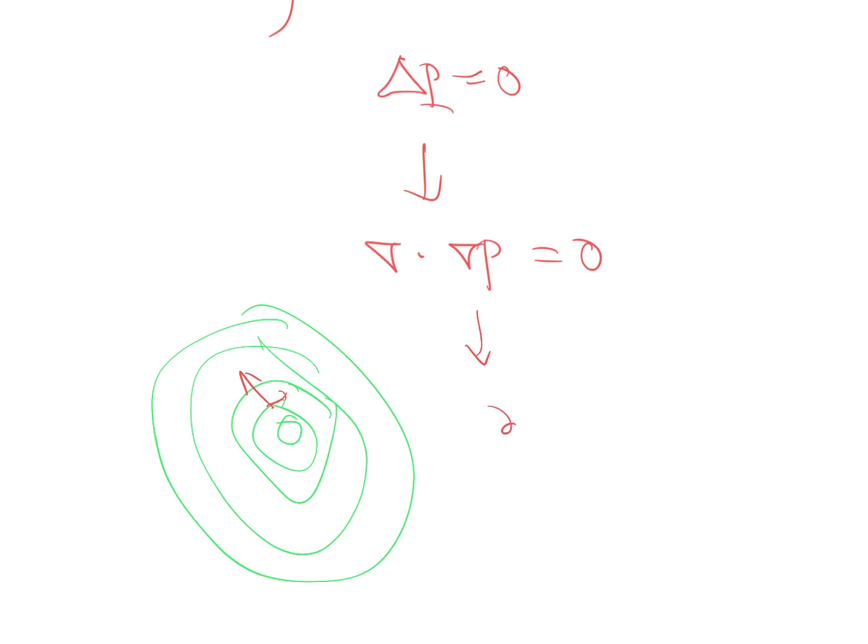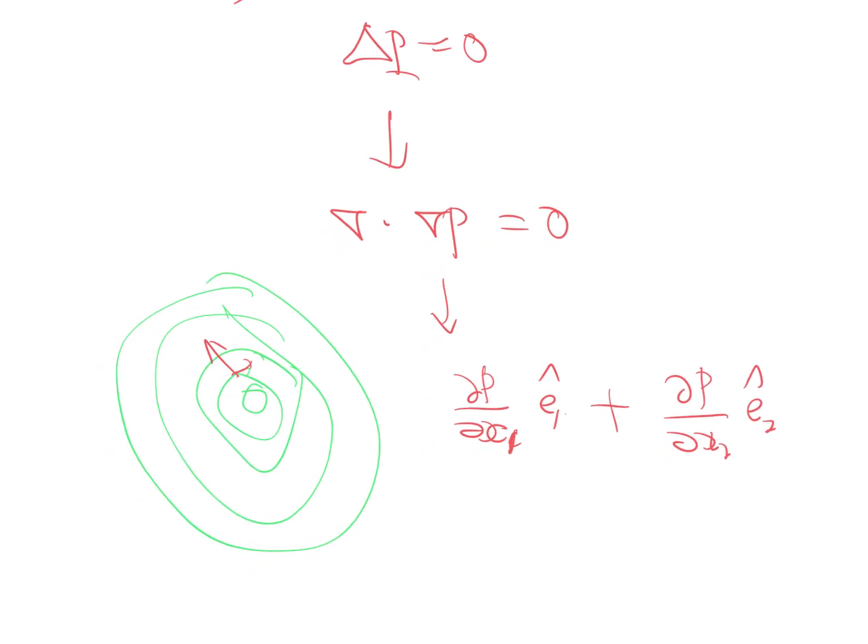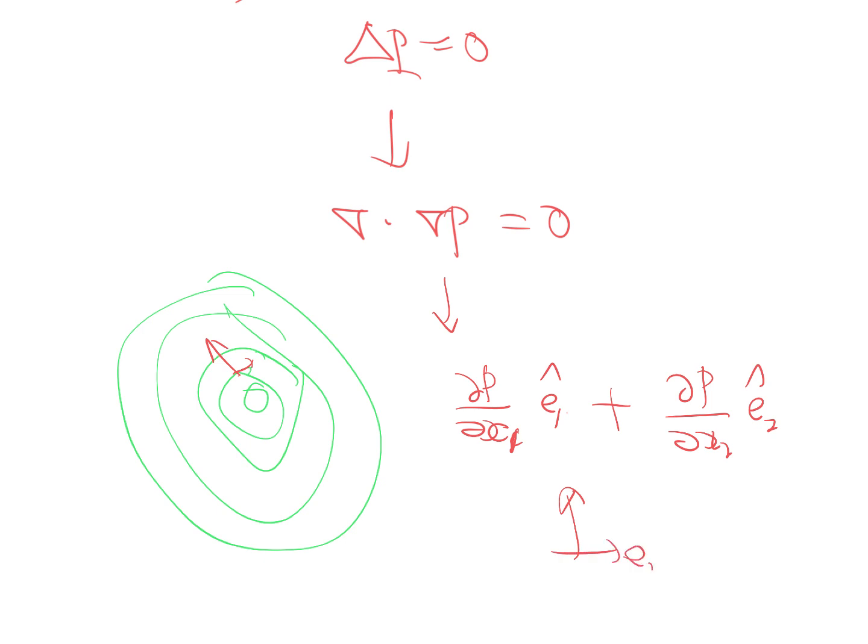So if P is a scalar, the gradient of P becomes a vector that tells you the change in one direction, and then I measure the change in the two directions. E1 is here, E2 is here. Sorry, and then I would create a vector that points to the locations where the scalar function is changing.